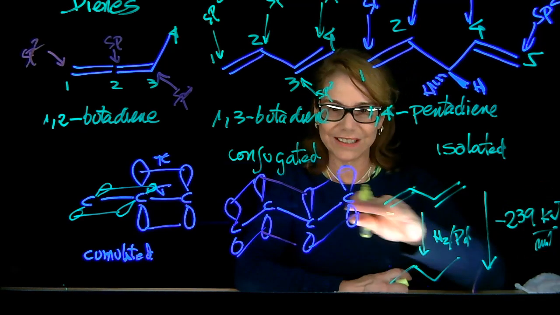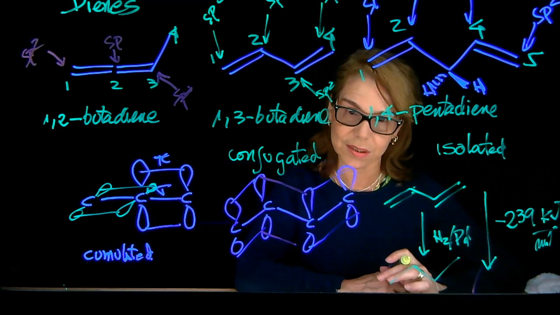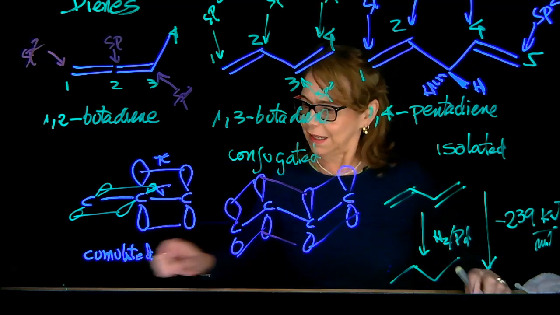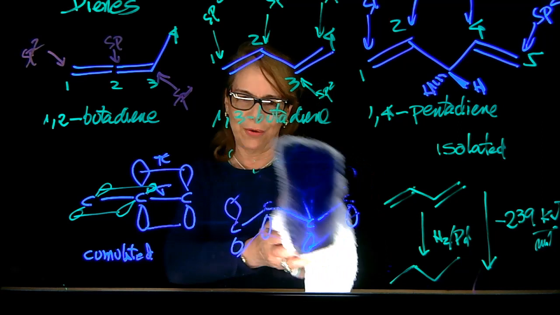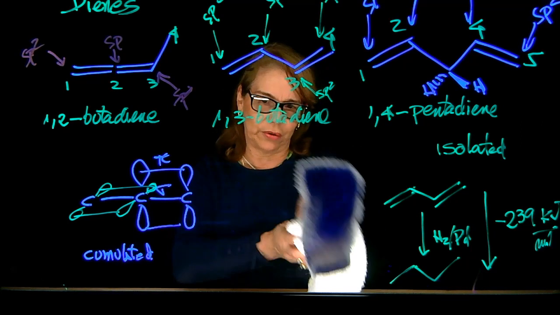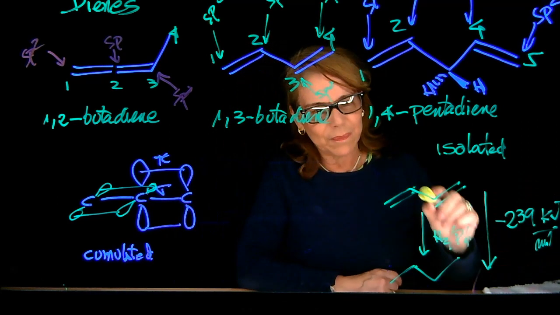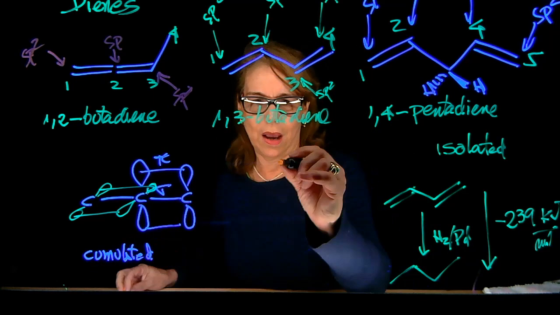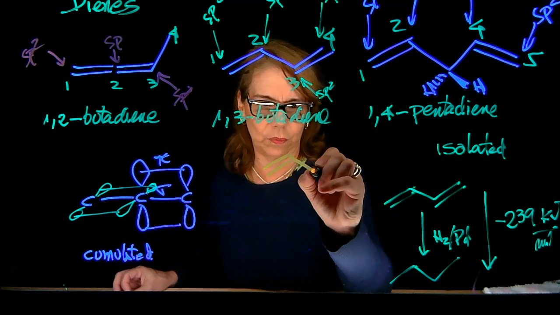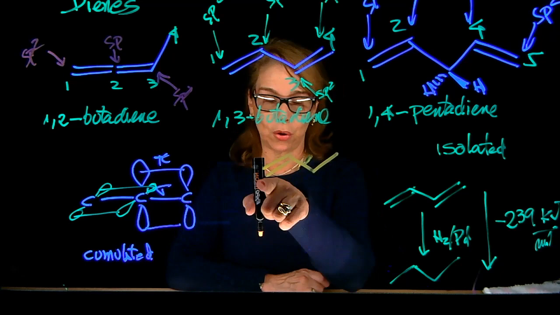When the molecule is conjugated, this amount is smaller, meaning that it's lower in energy. Now I'm going to erase this to draw another molecule. Say that we think of the heat of hydrogenation this time of a molecule that has 4 carbons but only 1 double bond.